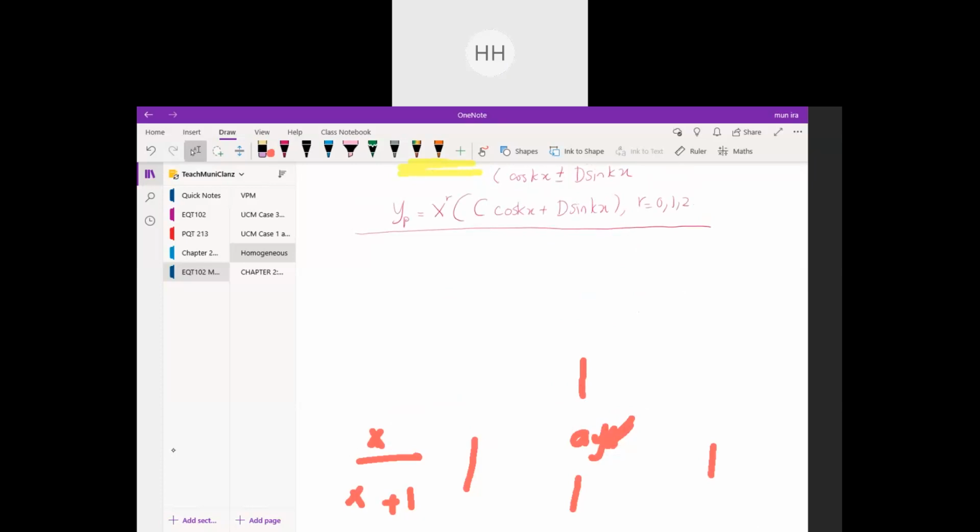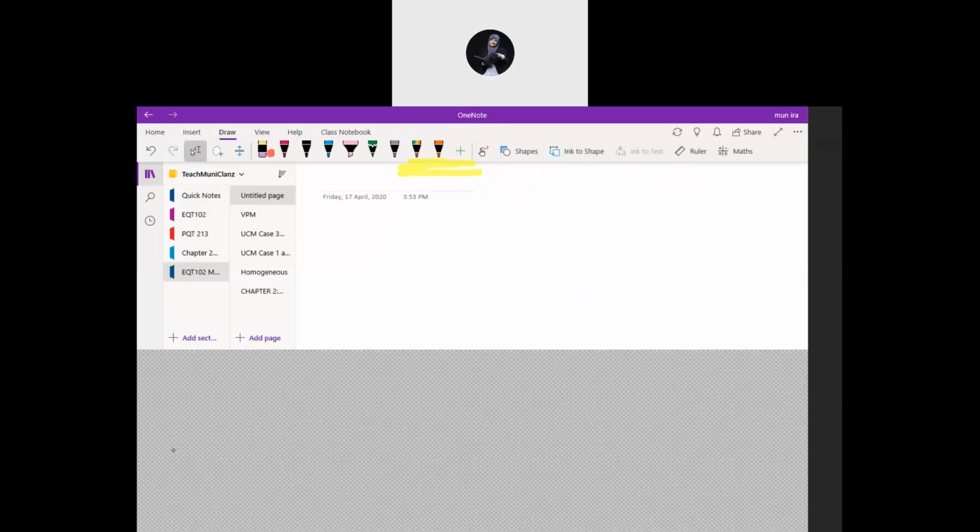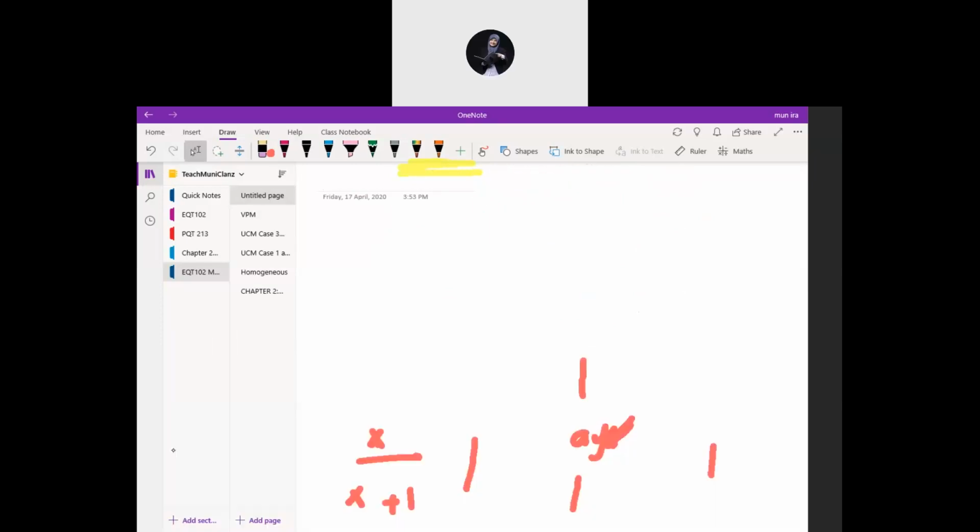So next is, kita nak guna apa ni tadi? VPM, variation of parameters method. Variation of parameters method, the solution is still y equals to YH plus YP. But your YP this time around, we don't care about what type of your fx.